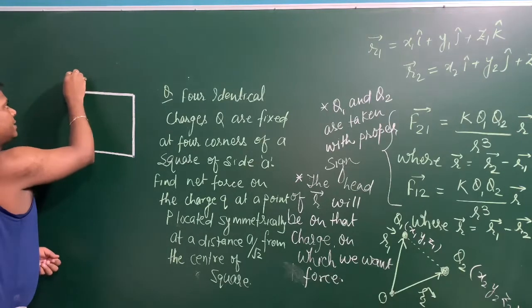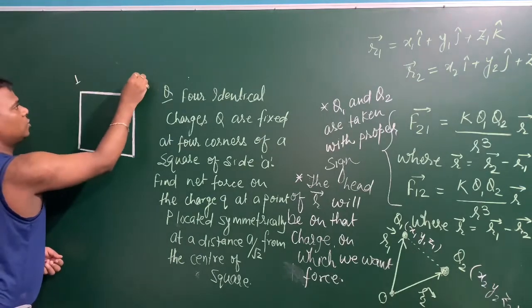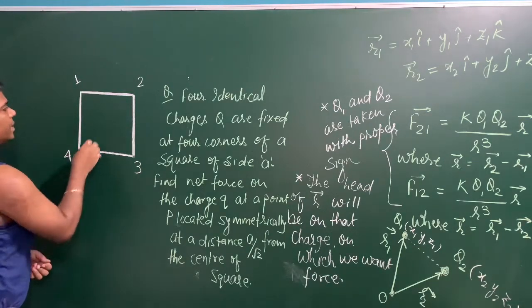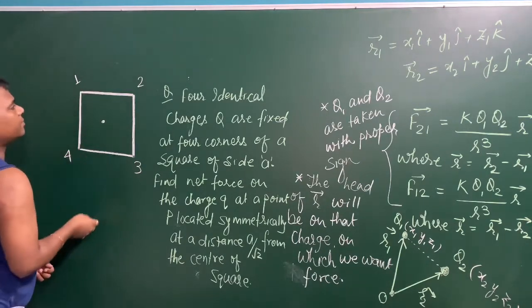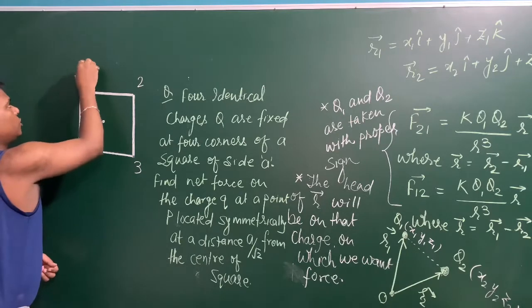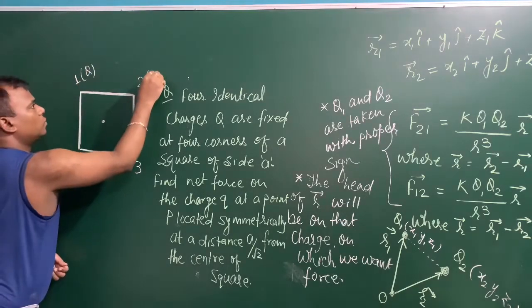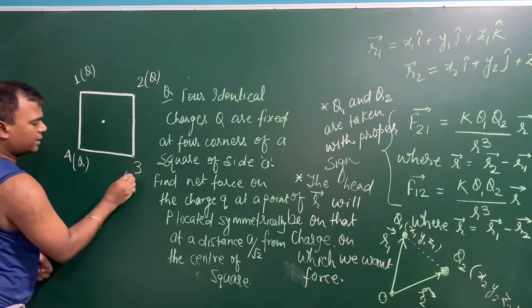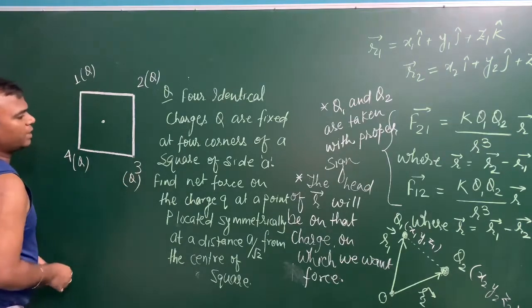At the corners, this is 1, this is 2, this is 3, and this is 4, and here is charge Q, here is also charge Q, and at location 3 the charge is also Q.